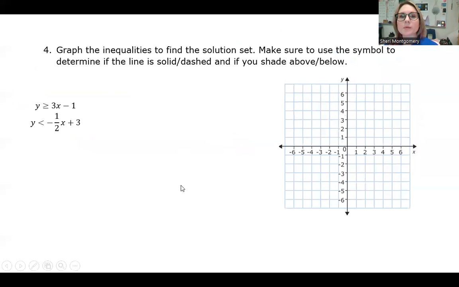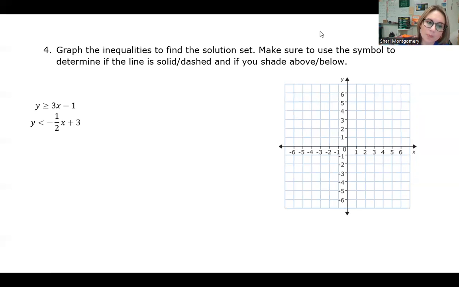We have one more problem that we're going to do together, and then we're going to start our tests. This one says, graph the inequalities to find the solution set. Make sure to use the symbol to determine if the lines are solid or dashed or if you shade above and below, or I guess it's and. I wrote it exactly like that on the test. So I gave you a hint that you need to make sure to check if you're solid or dashed, do you shade above or below?